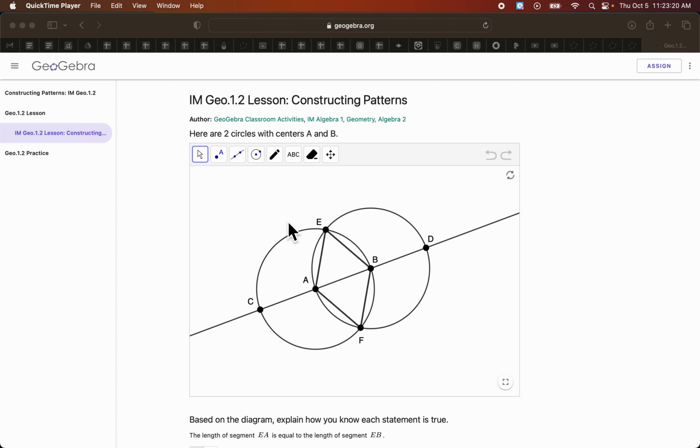Well, again, AC is a radius for circle A. AB is a radius for circle A. And BA is a radius for circle B. And BD is a radius for circle B. Because the two circles are the same size, they have the same length radius. So AC has to be the same length as AB, and it also has to be the same length as BD. So if you have three equal pieces and AB is one of them, then AB is 1/3 of CD in terms of the length.